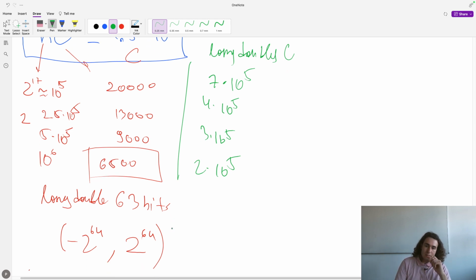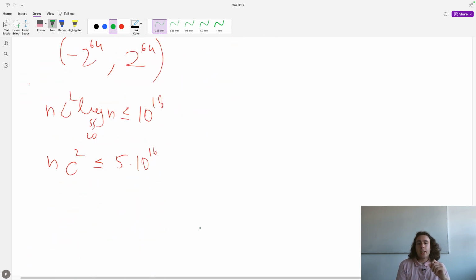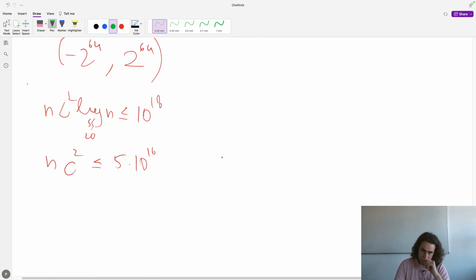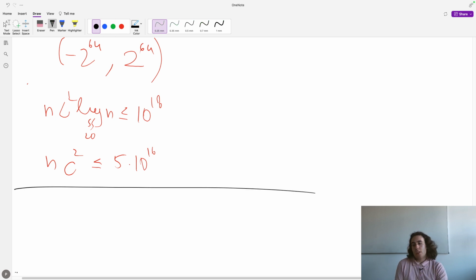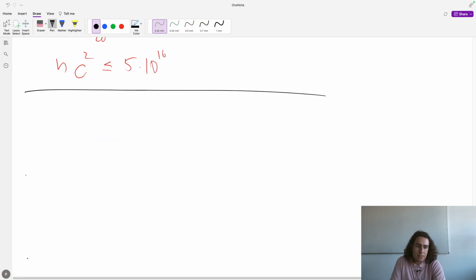But as I said, probably you're going to have to compute your FFT modulo some prime number. And there's a relatively simple way to do that. Just think about, you need to multiply two numbers, modulo 10 to the 18. But you don't have int 128. You have to do it inside longs.